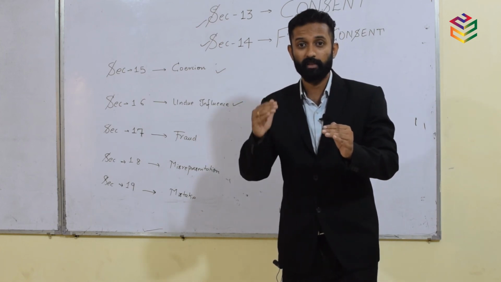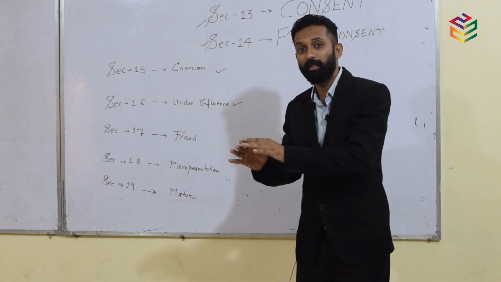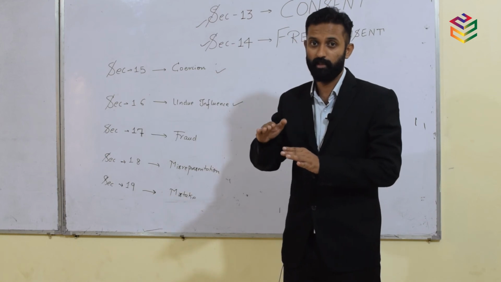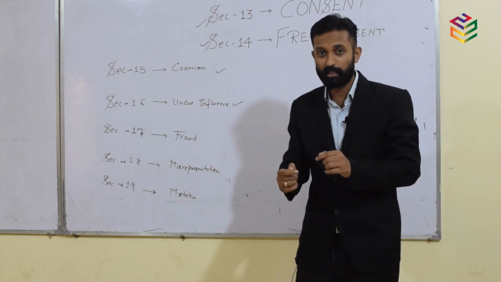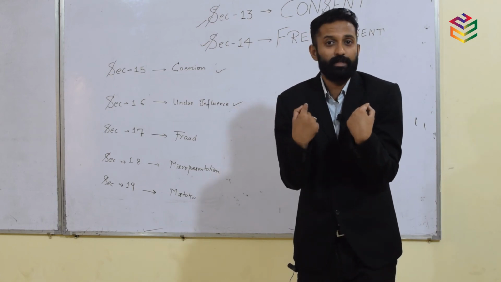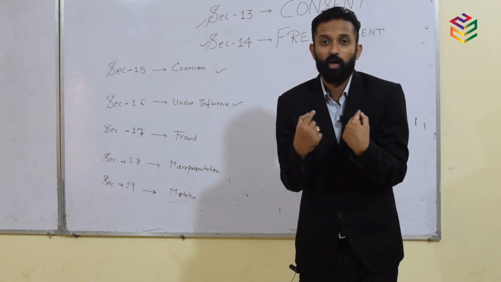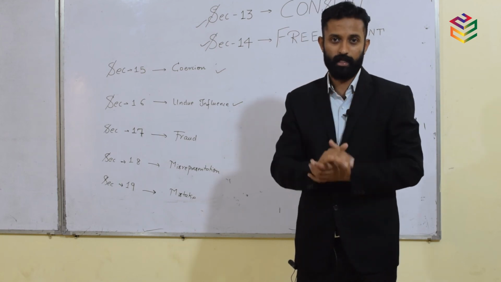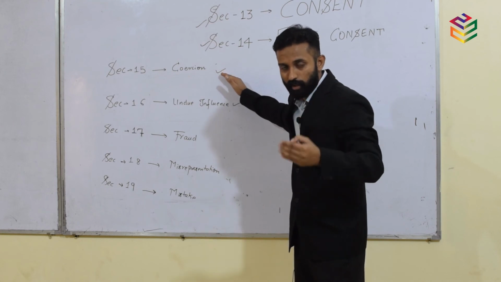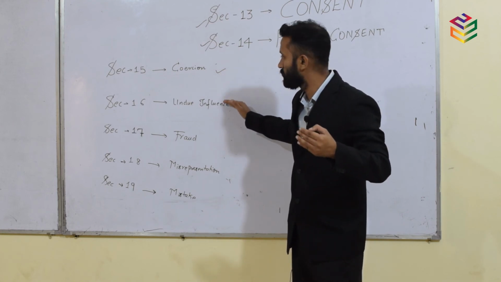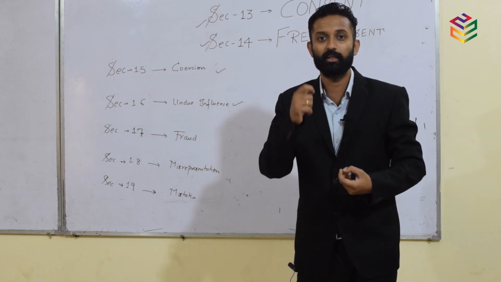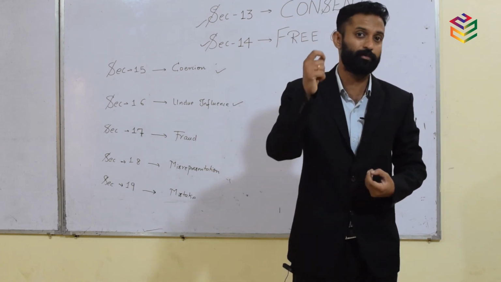The contract will be treated as voidable at the option of the aggrieved party. So the aggrieved party has the option of either accepting the contract or repudiating the contract.